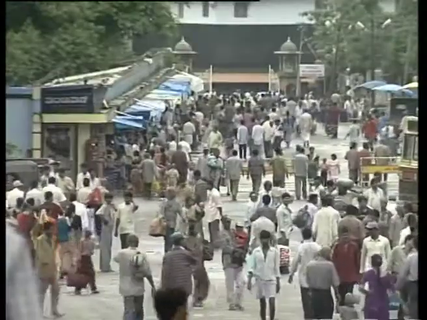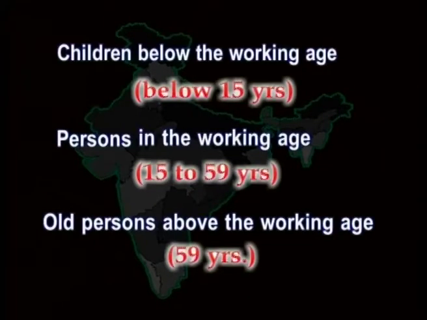Age composition is the division of the population in accordance with categories of people of different age groups. Age composition of population is mostly shown in three broad age groups: children below the working age, meaning below 15 years; persons in the working age, 15 to 59 years; and old persons above the working age, meaning above 59 years.